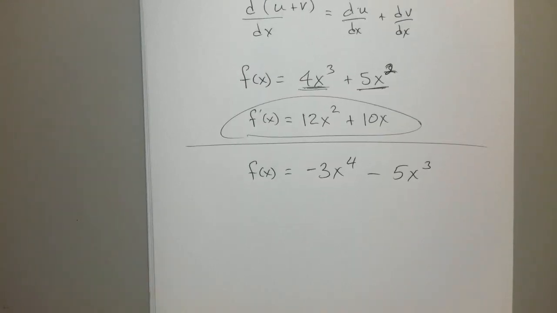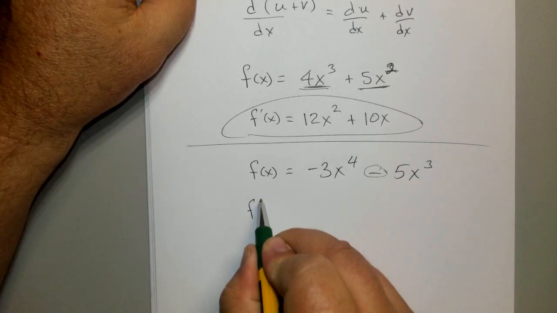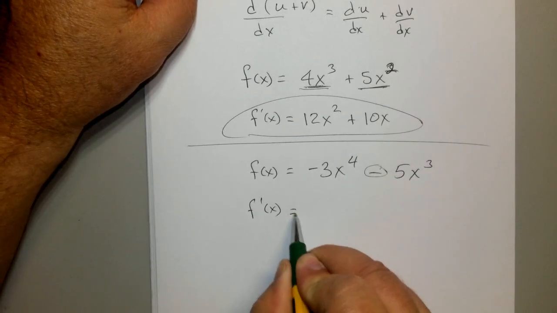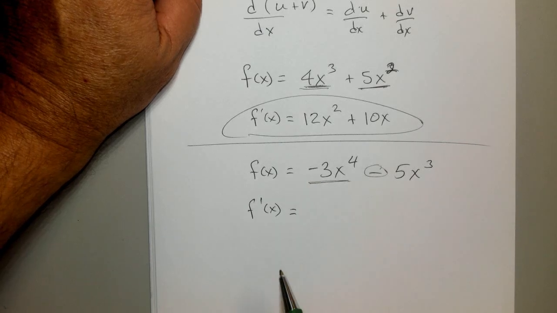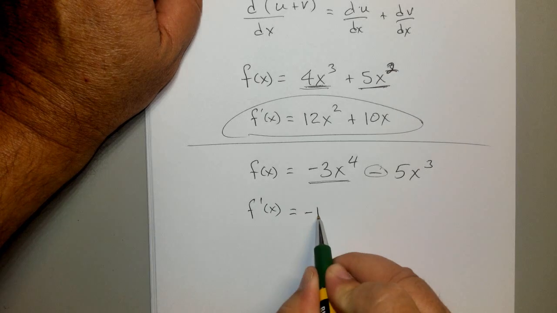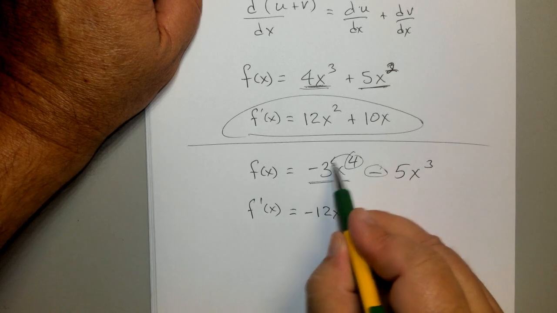How about this one? We're looking at the difference of two functions now. The derivative of the first one is negative 12x cubed, because you bring down and then subtract 1.